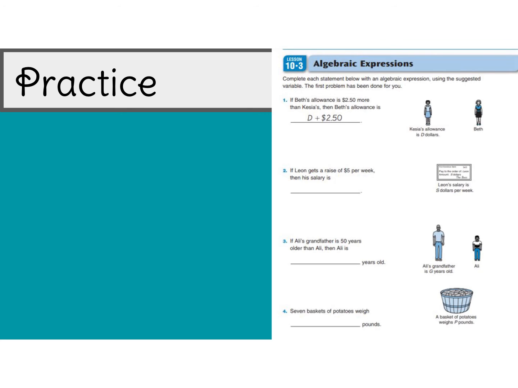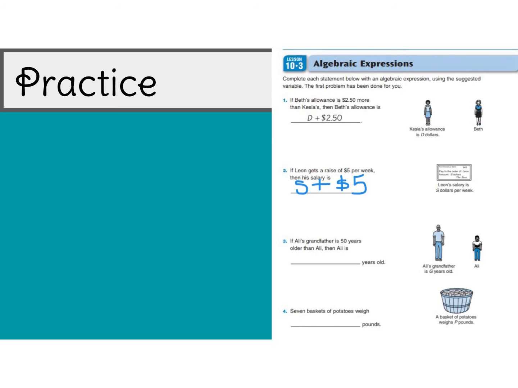So how would we go about writing an expression to represent what they've given us? So we may say that S, which would be Leon's salary, plus $5. And that would be it. That would be our equation.